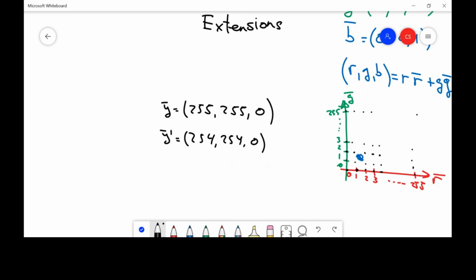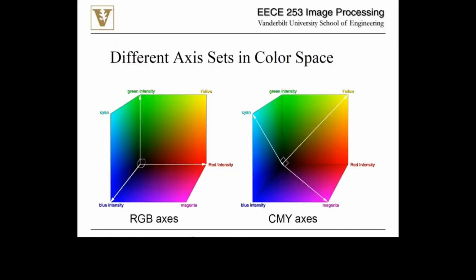Okay, so what I'm doing is moving along this axis. So I'm starting here at 0, 0. This is 255, 255. Then I'm moving along this line. Okay, so this is 255, 255, 254, 254, and so on. So you have different intensities of yellow now.